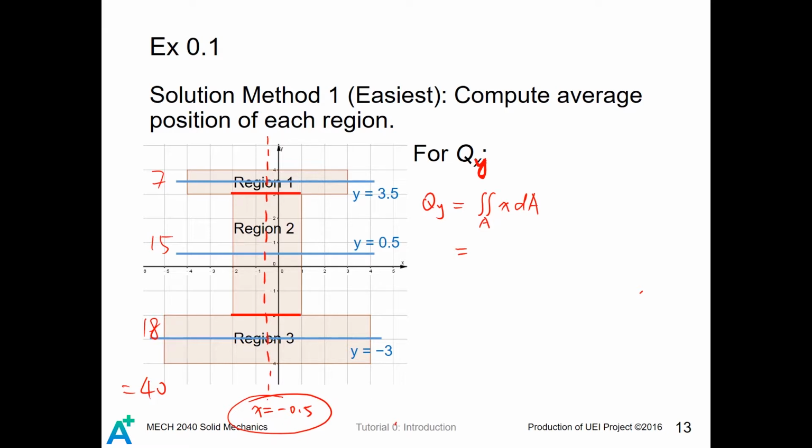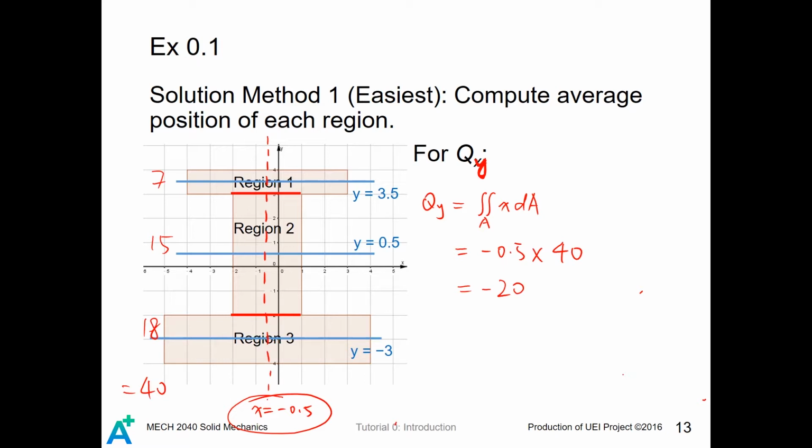Since this axis is the axis of symmetry, the average of x of all differential area elements over the entire region is minus 0.5. Therefore, the integral can be written as the average of x times the total area, which is equal to minus 20.